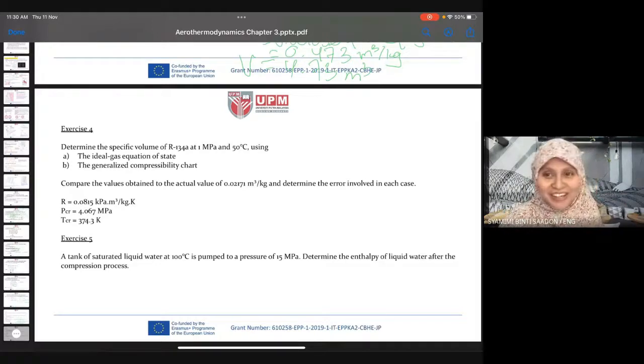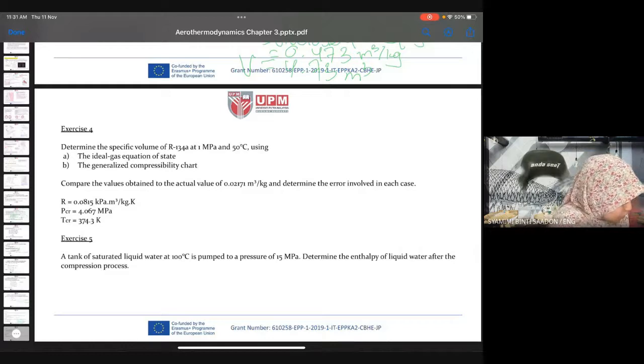I have to search for the diagram table for R134A, specific volume. Okay, so we have to use table A1.